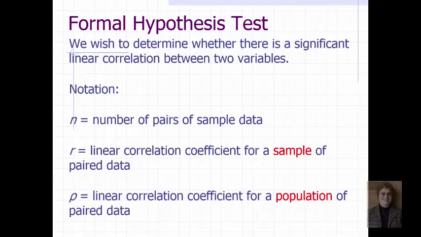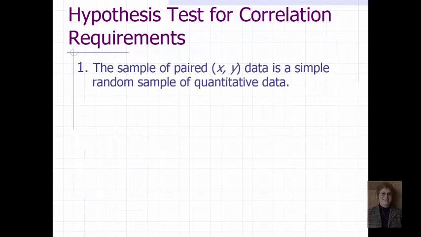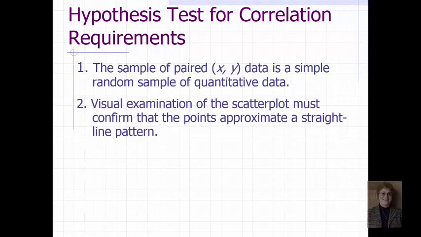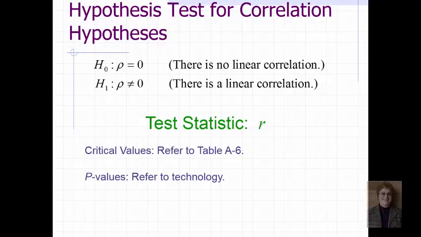So we need to test the requirements. The data need to be paired. We must have checked out the scatter plot. It's appropriate to use a straight line pattern, and any outliers are removed.